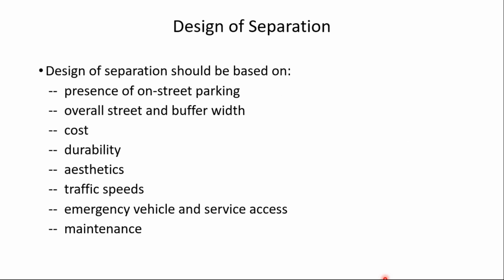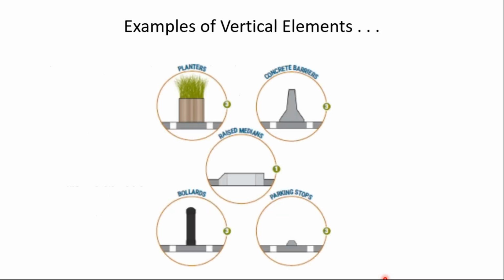The design of the separation should be based on a number of different things, including whether on-street parking is present, the overall street and buffer width, obviously cost is a factor, durability, aesthetics, traffic speeds, emergency vehicle and service access, and also maintenance, which would include snow removal.